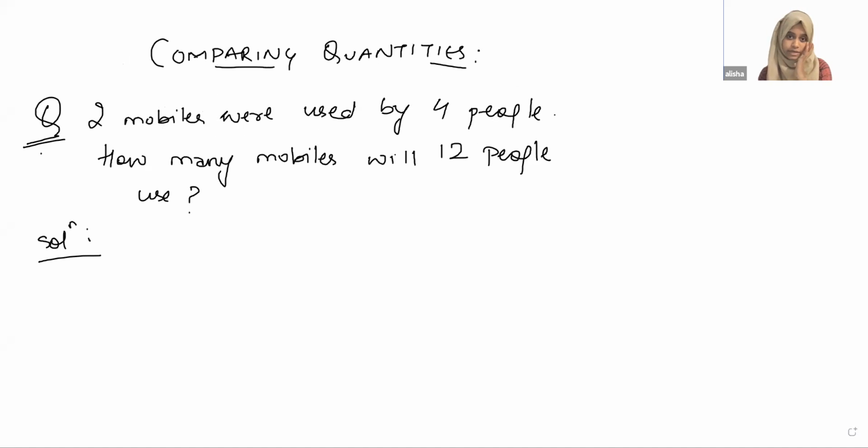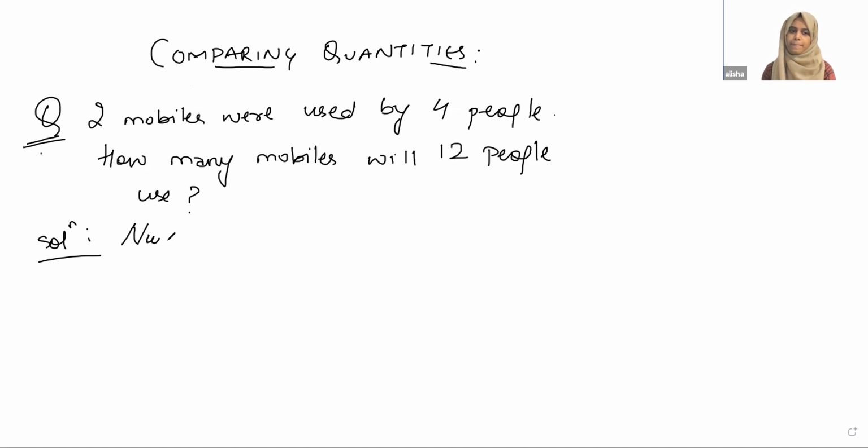Or the better statement is what? Number of mobiles used by 4 people equals to what? 2, right or wrong? Is there any difference except the rearranging of the words? What am I saying?